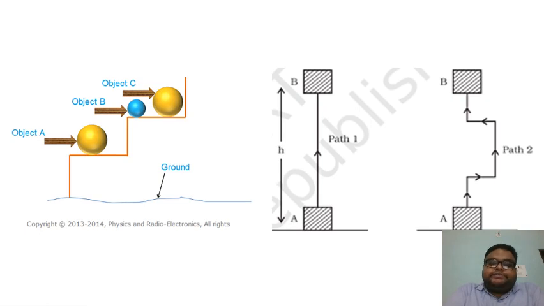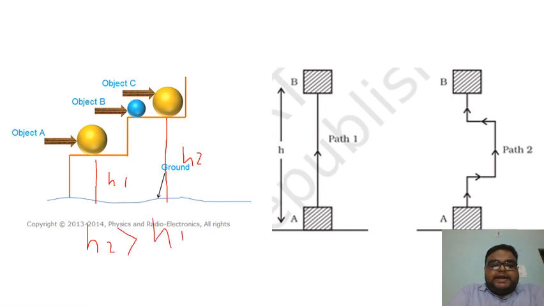Understood, students? So let's think about it. See here, height is h1 suppose, and this height is h2. It is visible from the picture that h2 is more than h1.